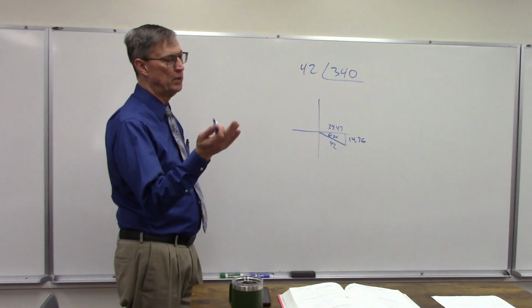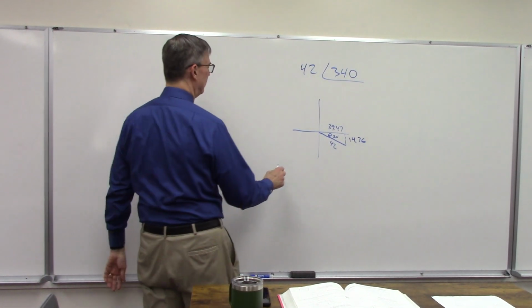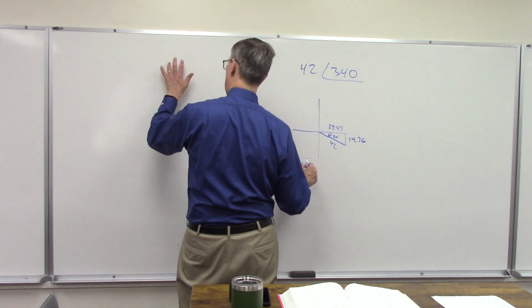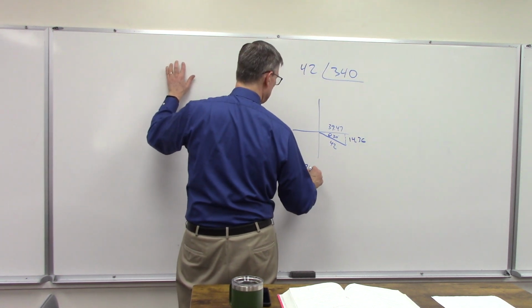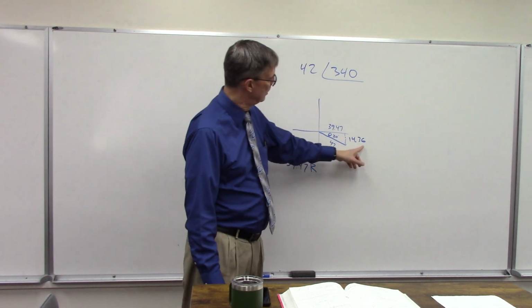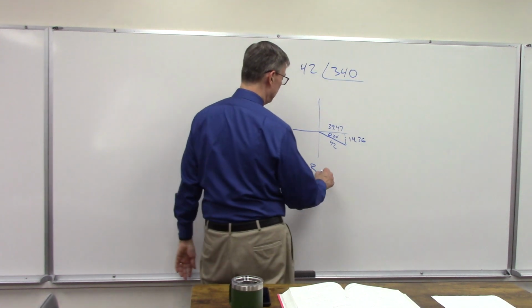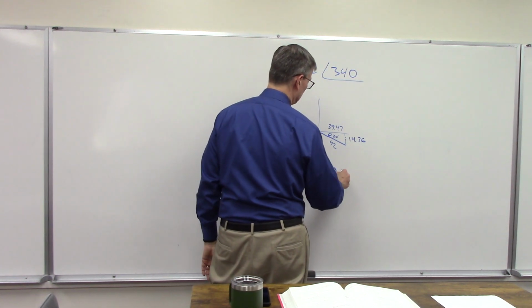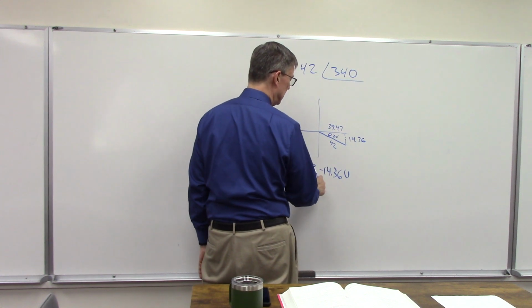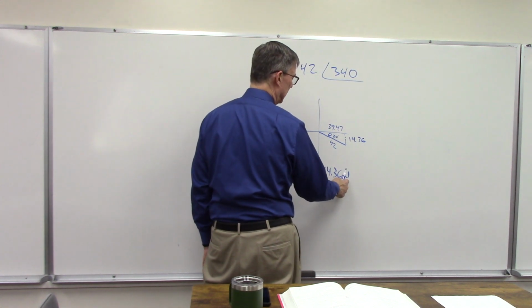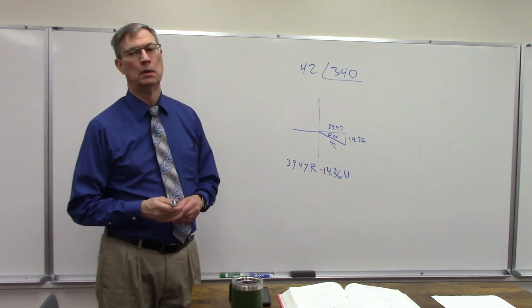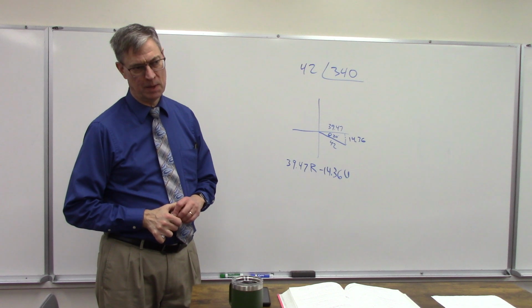So is that going to be positive or negative? Positive. So we always do the r first, just like we do x first before y. So we'll write r. All right, Michael? Negative. Okay. And that's on the up axis, but it's actually going down, that's why it's negative. So negative, but we call it the up axis. So negative 14.36 U. Complicated, isn't it?